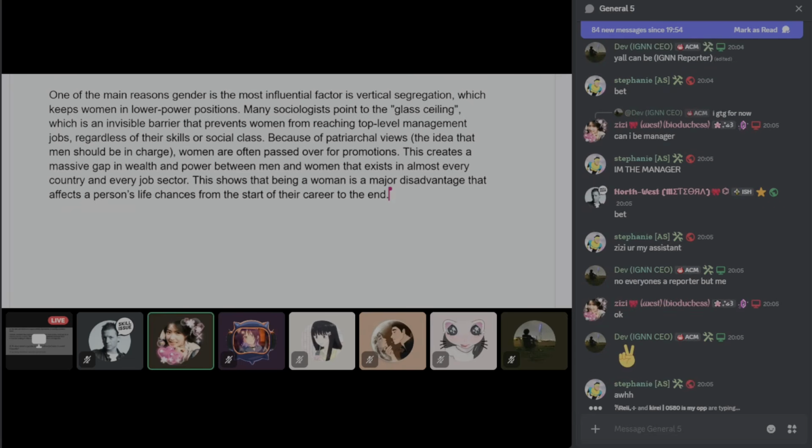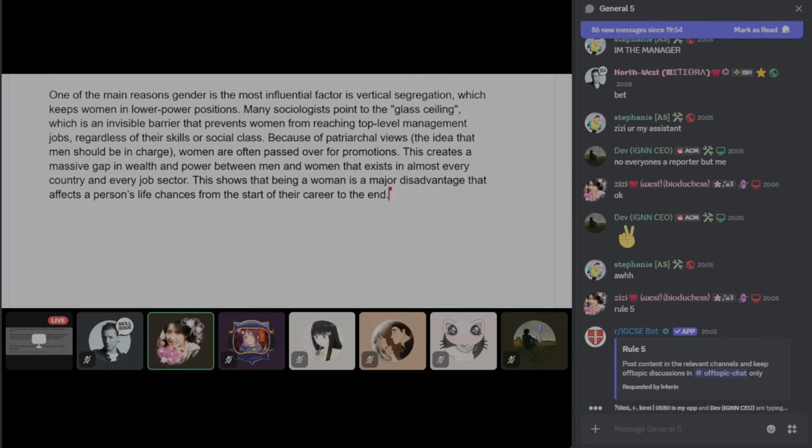Okay, if there are no questions, then we can move on to the second paragraph. Can you please scroll down, Meteora?